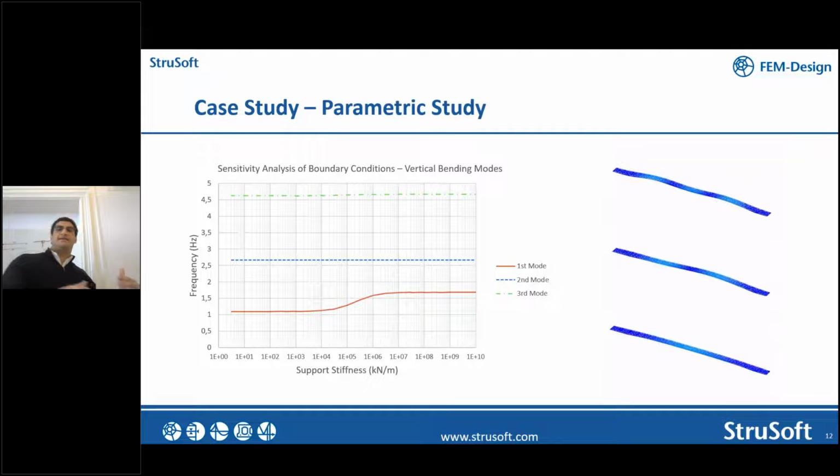The second and third modes are not varying quite a lot with respect to this linear spring. So this is a boundary condition that we have identified as having a great influence on the first mode of operation.